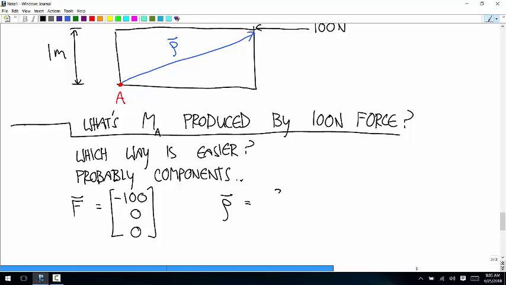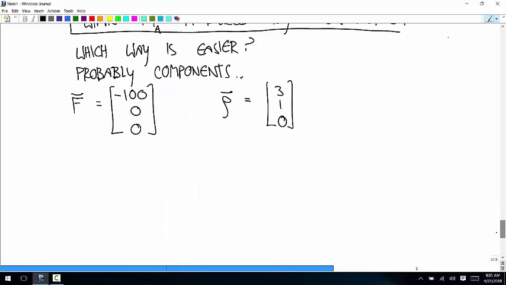That's the one that's 3, 1, 0. Does it matter whether we do rho cross F or F cross rho? Yes, order matters in this. So it's rho cross F.